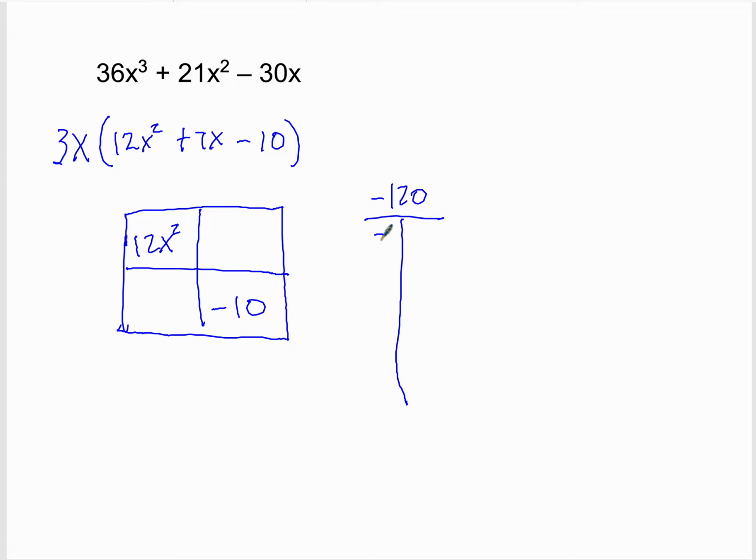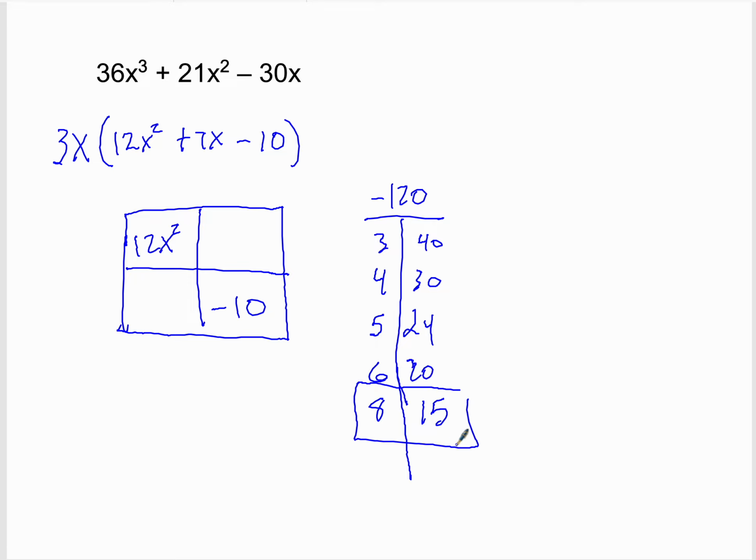So 3 and 40, I guess that's okay. 4 and 30, we're getting closer. 5 and 24, getting closer still. 6 and 20, that doesn't get it. 8 and 15. There we go. That'll do it.